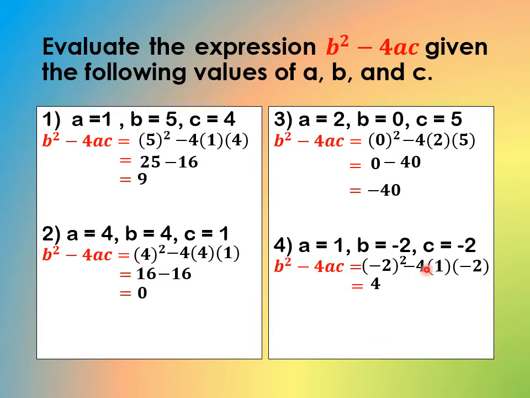Correct. Next, negative 4 times 1, that is equal to negative 4. Times negative 2, okay, that is equal to positive 8. So, we have here 4 plus 8. So, 4 plus 8, the answer is 12. Okay, very good.